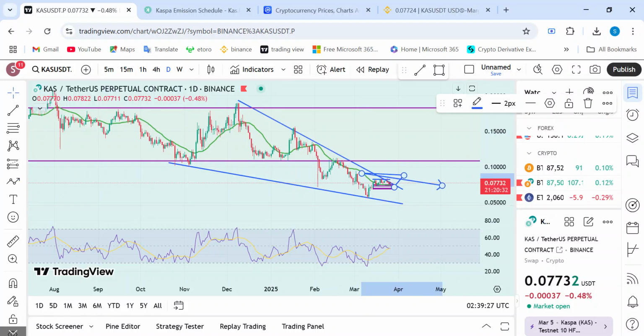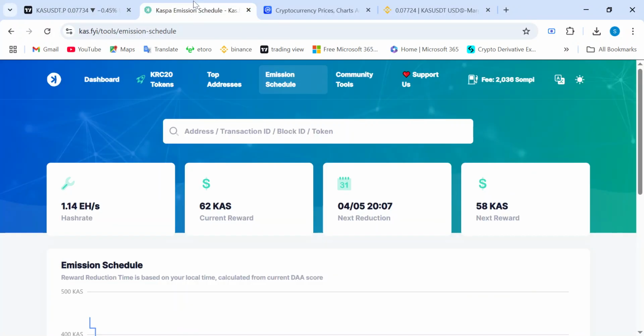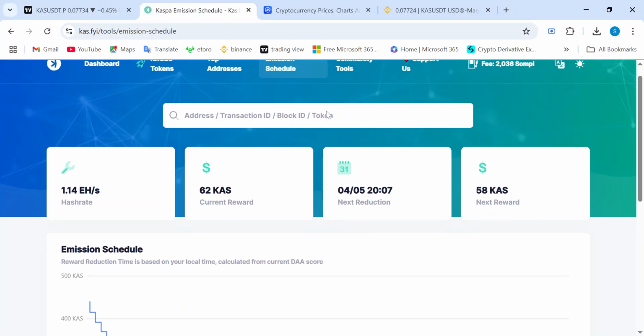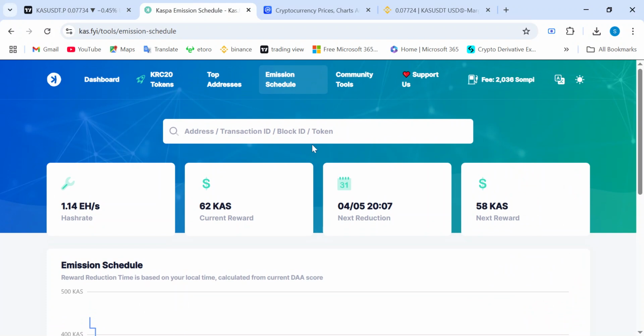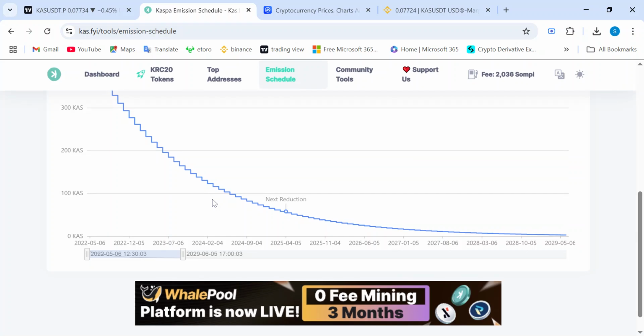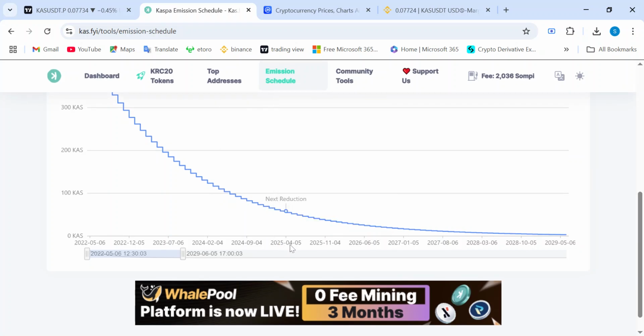So in any case, let's take a look at the Kaspa website. We're at the token emission schedule, which is, in God's grace, 10 days from now. From 62 Kaspa per block, we'll go to 58 Kaspa per block on April 5. This is amazing tokenomics, guys.